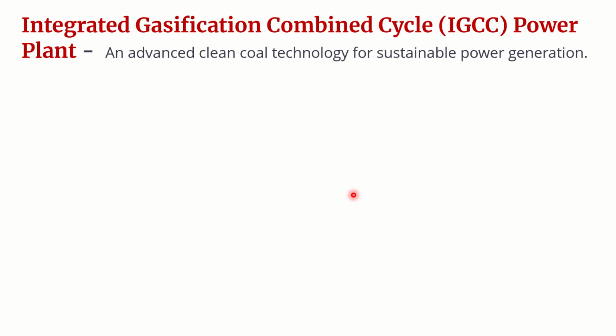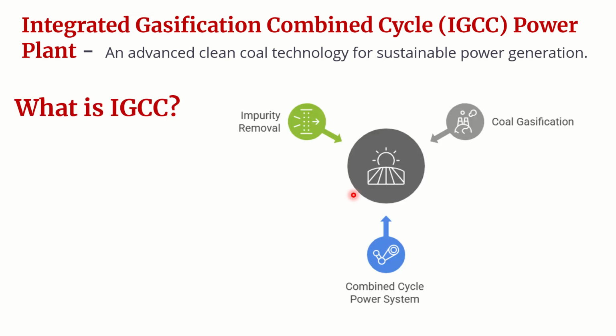This integrated gasification combined cycle. So what is that integrated gasification combined cycle? It is an advanced clean coal technology that integrates a coal gasification unit with a combined cycle power generation system.